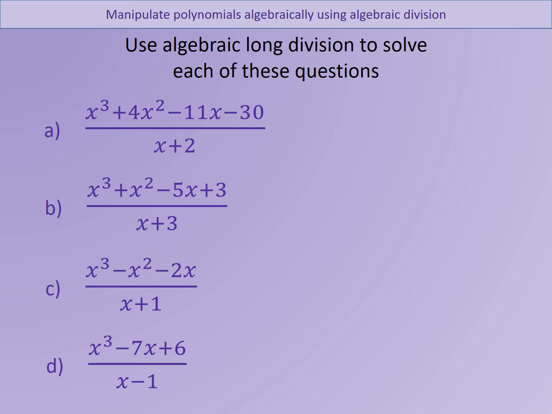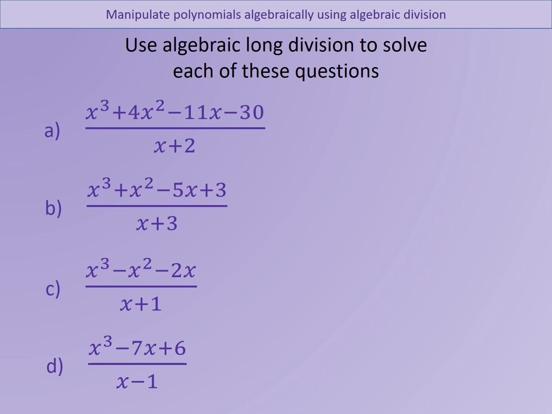If there are terms that are missing in your cubic, so if there aren't any x squareds, if there aren't any x's, and even if there isn't a number on the end, I would be making the suggestion that you put one in.